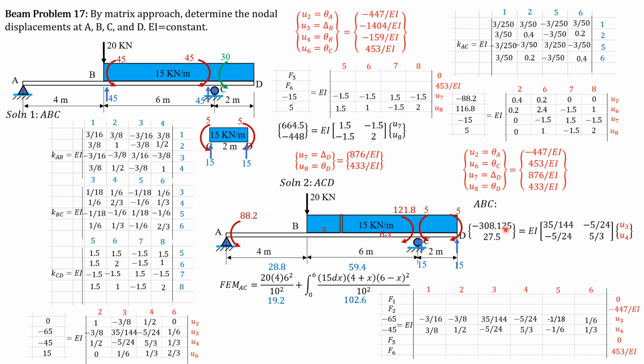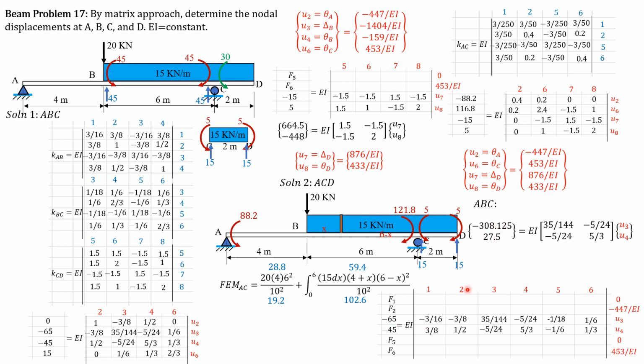That negative 308.125 is negative 65 minus quantity 3/8 of 447. Then because negative 1 over 18 times 0 is still 0, then minus 1/6 of 453. You calculate that.